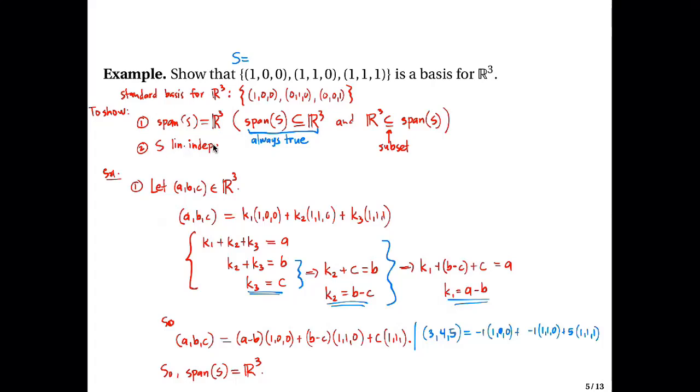The second part, linearly independent. Remember, all we need to do is assume K1 V1 plus K2 V2 plus K3 V3 equals 0, find actual numbers for the K's, and show that those numbers are 0. But we can use this.